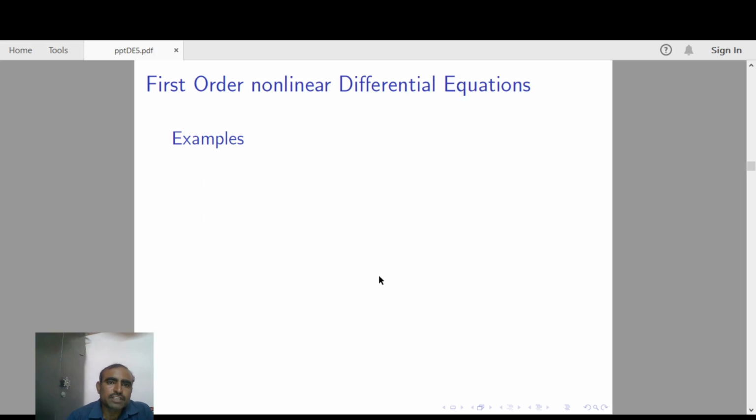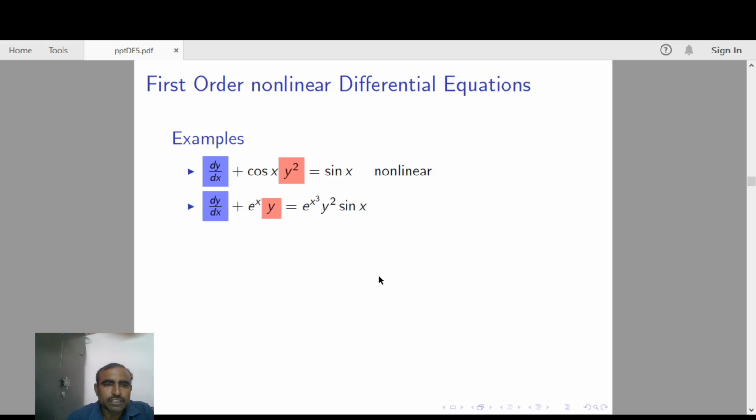Now see examples of first order non-linear differential equations. Example 1: dy/dx + cos x · y² = sin x. This is non-linear because the degree of y is 2. In the same way, dy/dx + e^x · y = e^(x³) · y² · sin x.